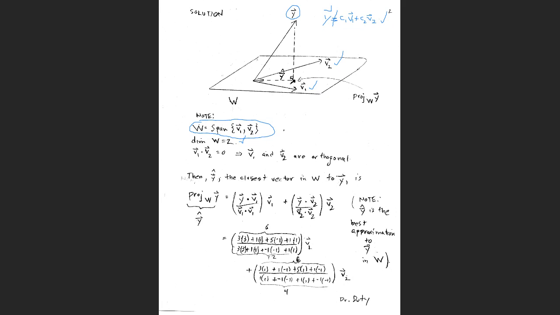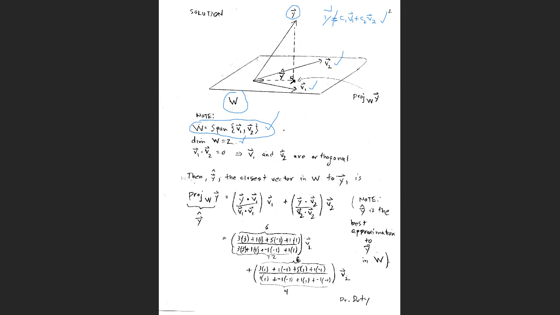So clearly, then we want to find the closest point in the space W, which is the span of V1 and V2, those orthogonal vectors.